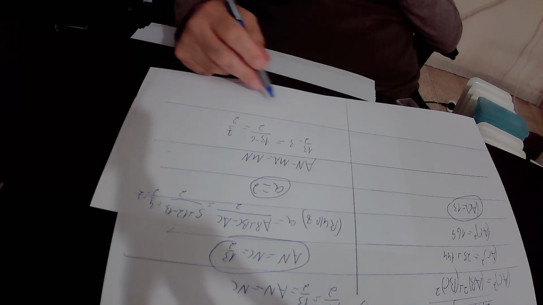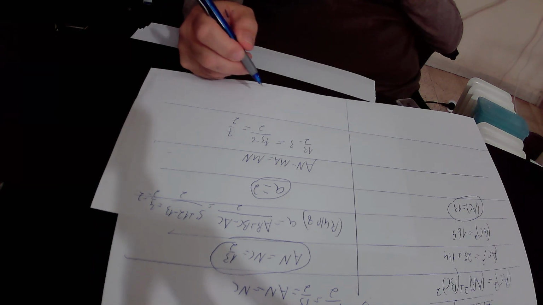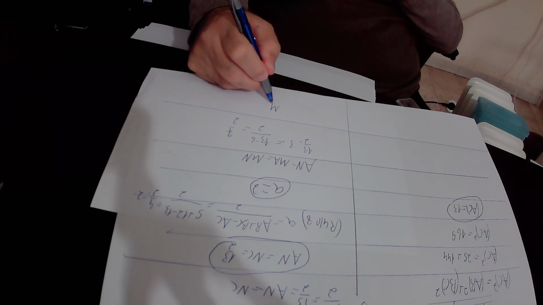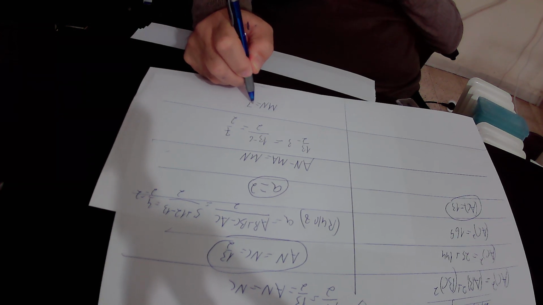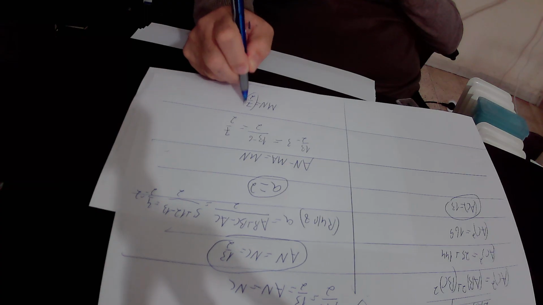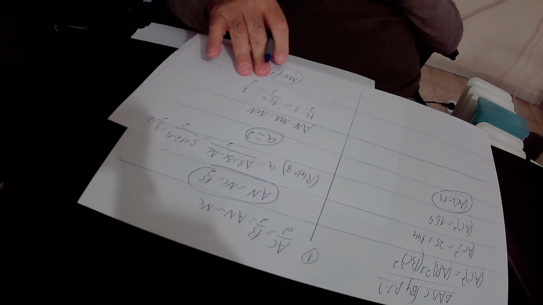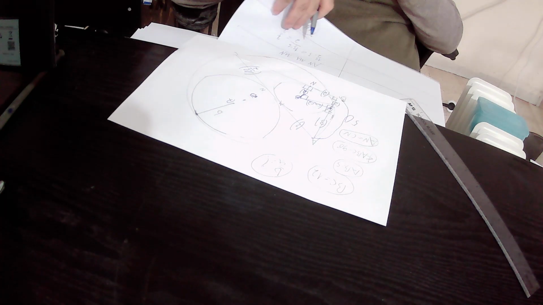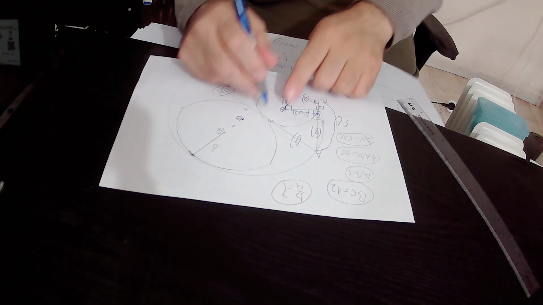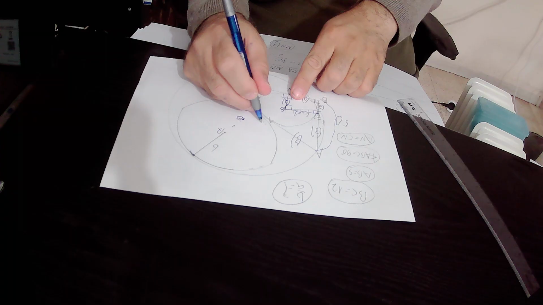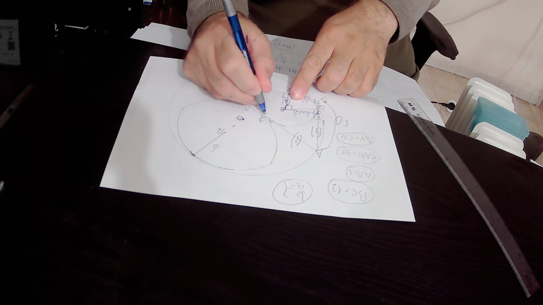So finally we found out that MN equals 7 over 2. Here, this line segment MN is equal to 7 over 2.